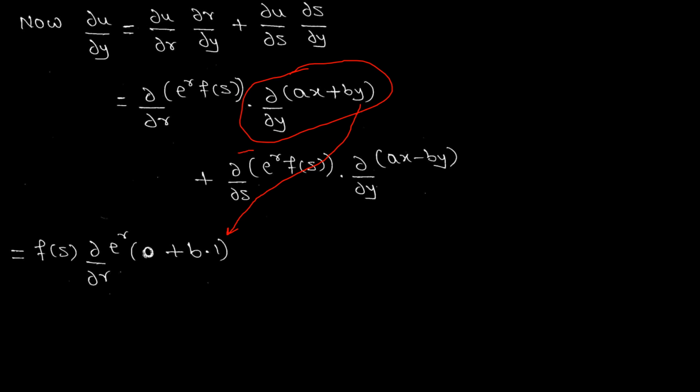Now here partial differentiation with respect to s. Therefore e to the power r has to be taken as constant. We have taken as constant. Dou by dou s of f of s we write now.